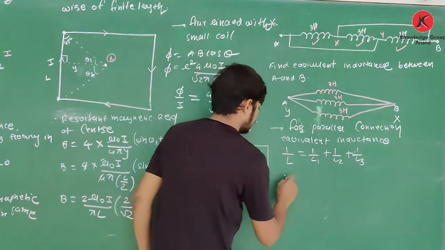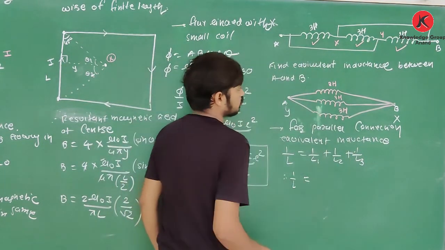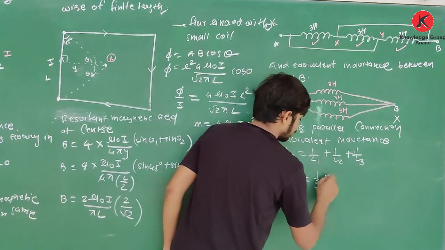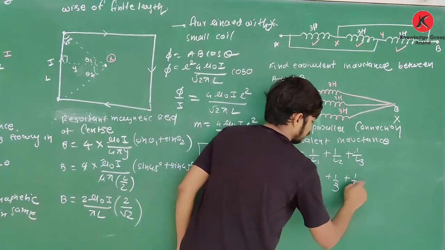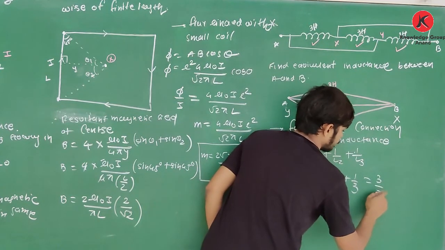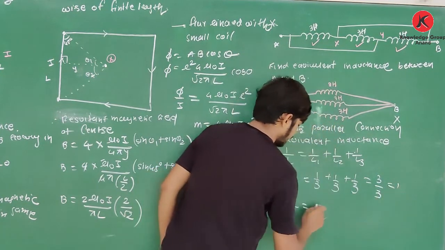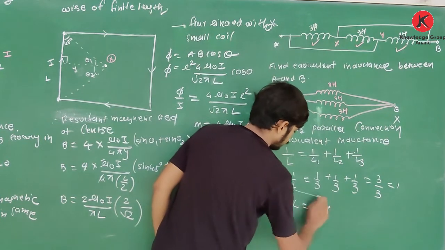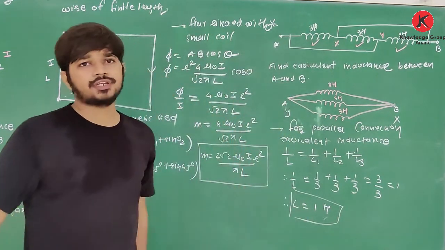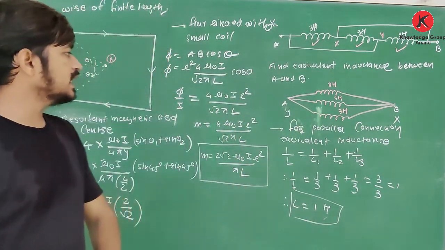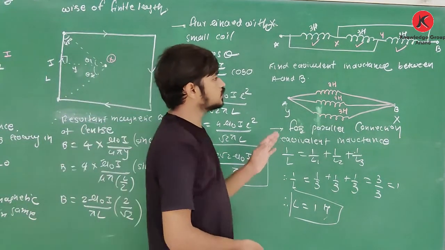Therefore 1 upon L is equal to 1 upon 3 plus 1 upon 3 plus 1 upon 3, which is 3 upon 3, and therefore L is equal to, here it is 100. Clear about this? So it is a parallel connection of inductors.